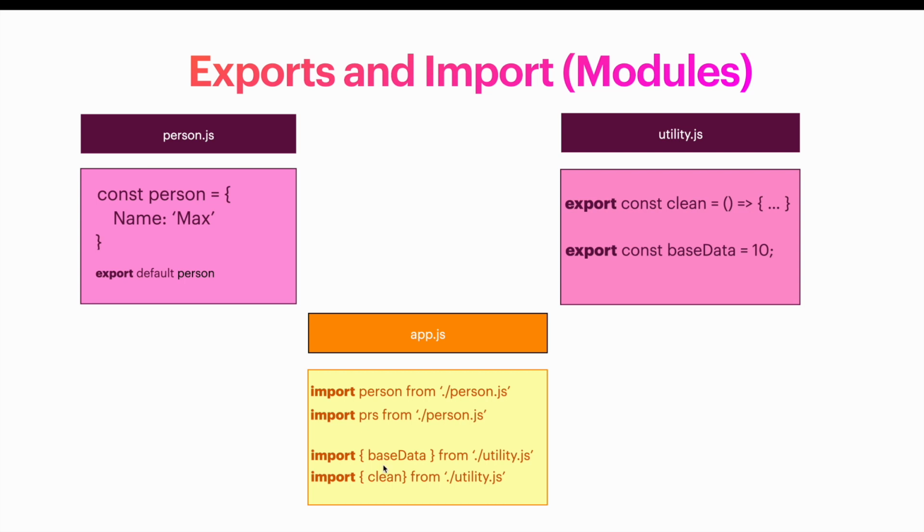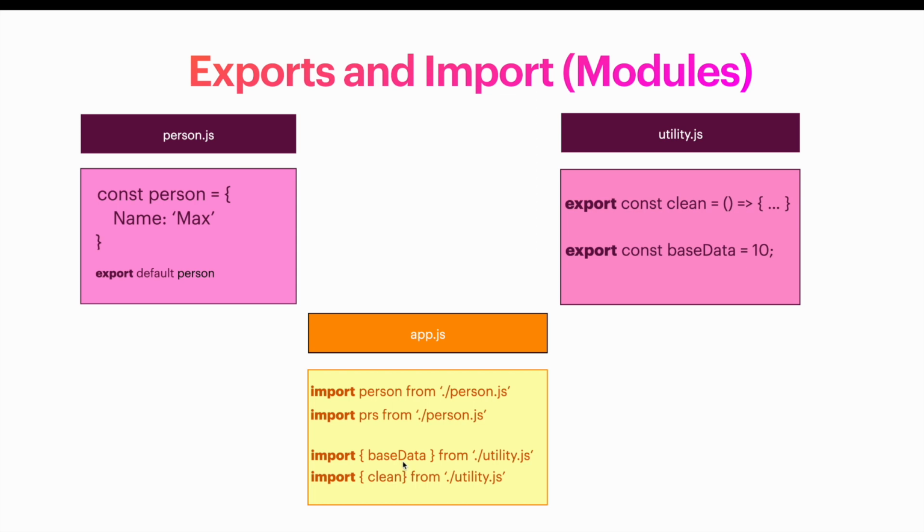So to import the object from the utility.js file, we have to maintain the same name for our objects, functions, or any variable in both the import and export statements. As you can see here, we have exported our constant variable base data, and we have imported that constant variable inside our app.js.